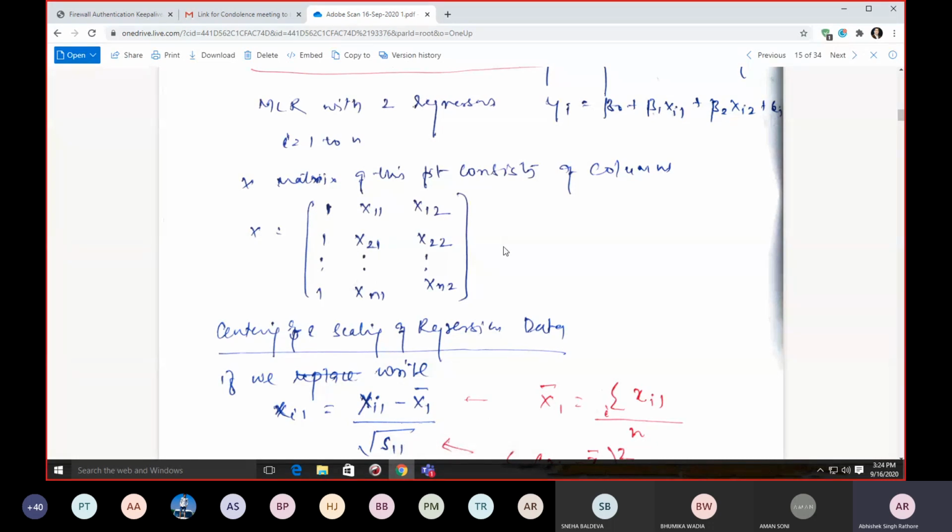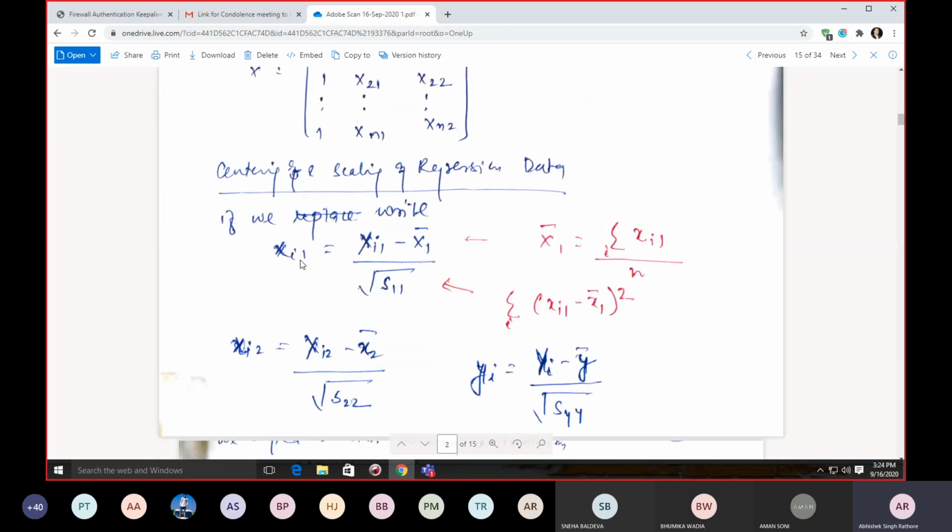Now we want to apply some centering and scaling on the regression data. So let's say for x_i, we are applying centering and scaling.